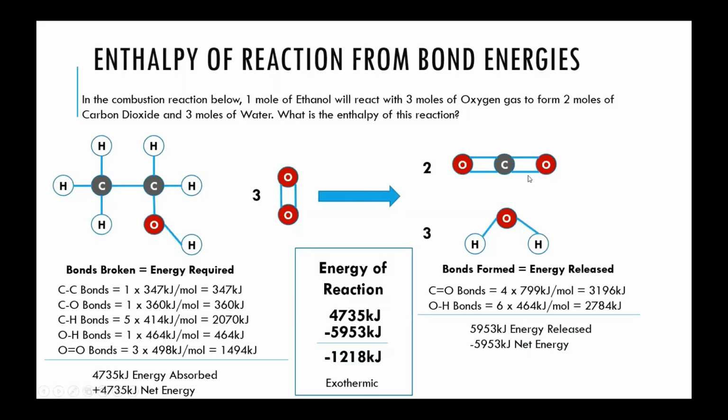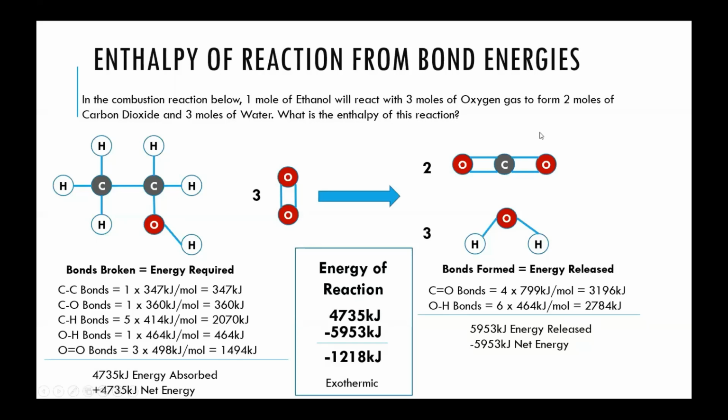Moving on to the product side, this is energy that will be released when a bond is formed. A bond is at a much lower energy than the individual atoms. So there are 4 carbon double bonded oxygens, 2 molecules of carbon dioxide, but each one has 2 of these same bonds.